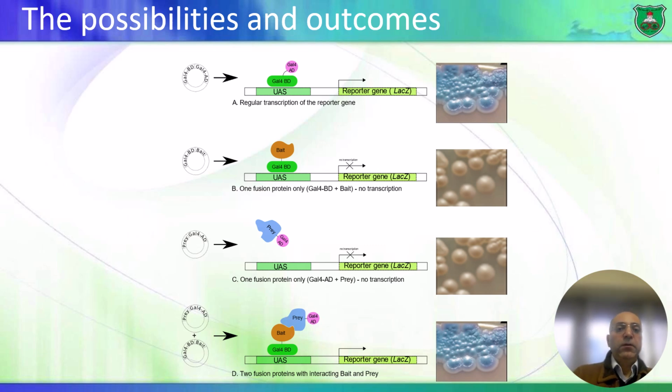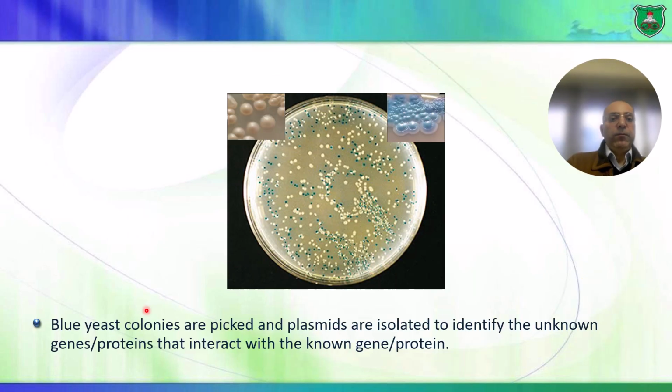Okay. So again, I'm interested in the colonies that are blue. These are the colonies where we have yeast cells that produce a protein that can interact with protein X.